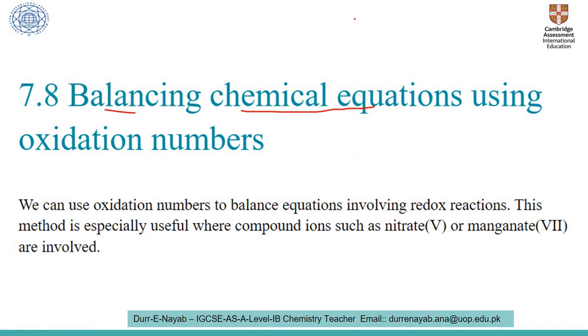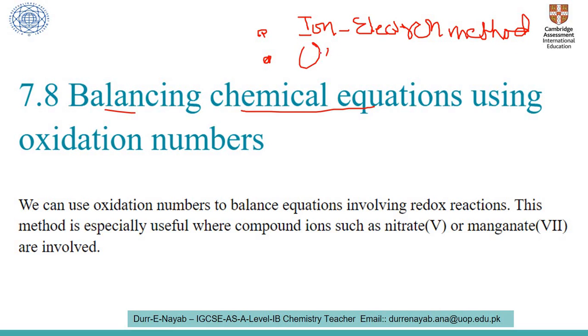One is the ion electron method, and second is the oxidation number method. So we basically have two types of method for balancing chemical equations.